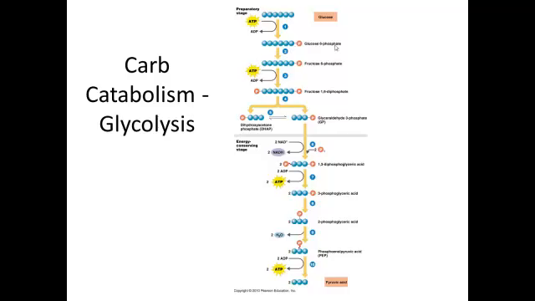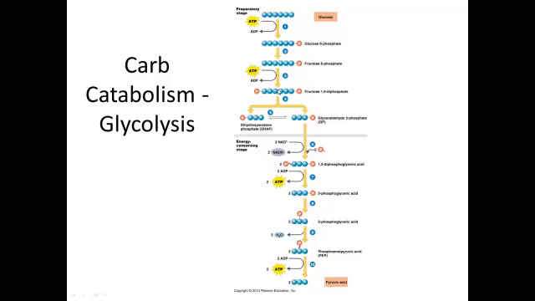So we use an ATP here and another ATP here, putting a phosphate group on both ends of the glucose, and things get rearranged so that you end up with fructose 1,6-biphosphate. And this is the energy requiring steps.